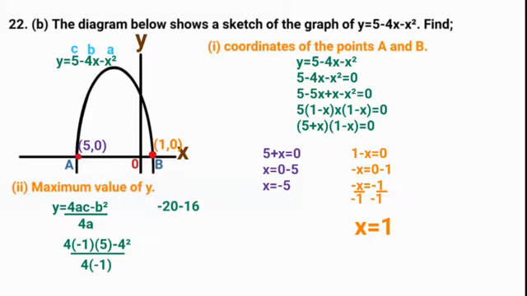Then 16 will be over 4 times -1, which gives us -4. Then we evaluate -20 minus 16, which will give us -36, divided by -4. -36 divided by -4 will give us +9. So the maximum value of y in that graph is 9.